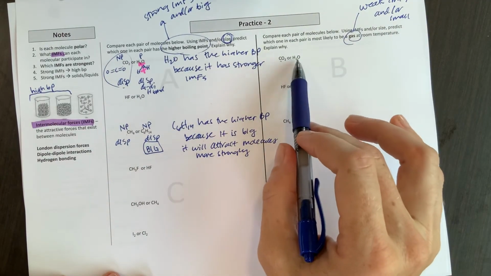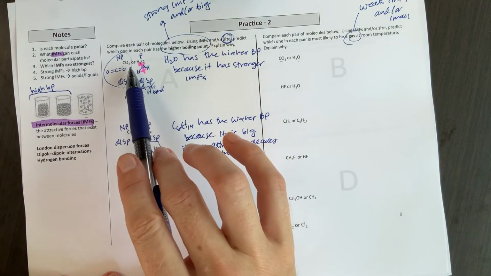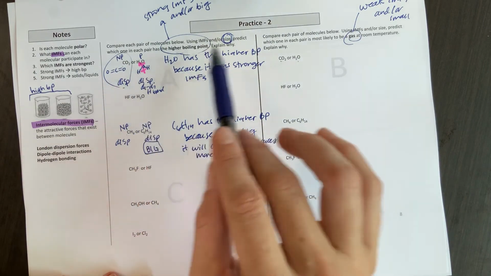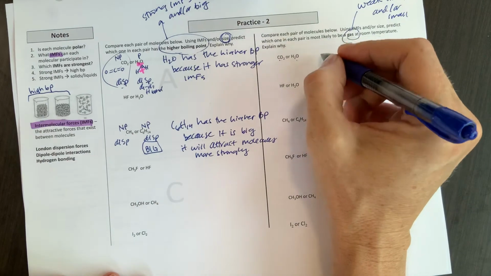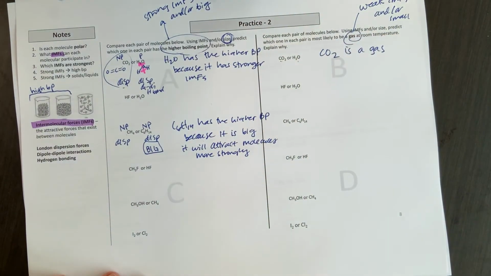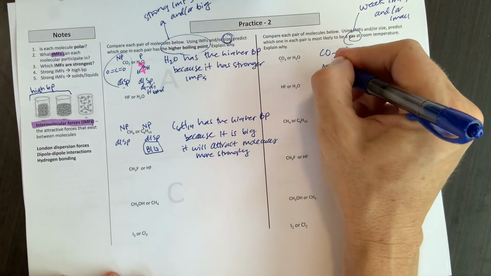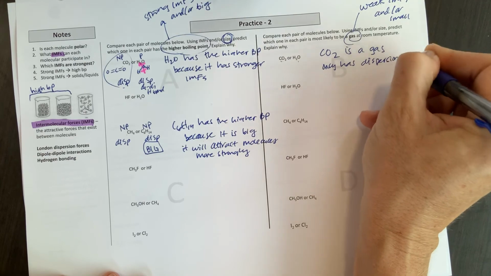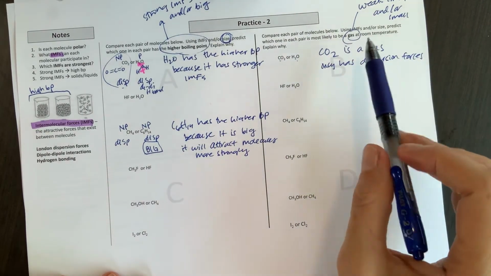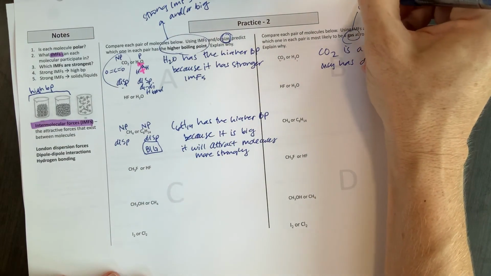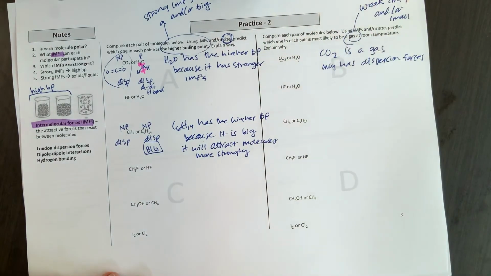So if I look at CO2 and H2O, here we had seen that CO2 has very weak attractions. That's going to be a gas at room temperature. CO2 is more likely to be a gas because it only has dispersion forces. Okay, so a gas is the opposite of a high boiling point. A gas is a very low boiling point, is another way to say that.